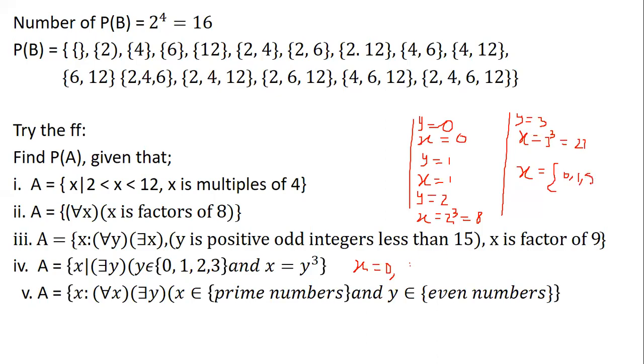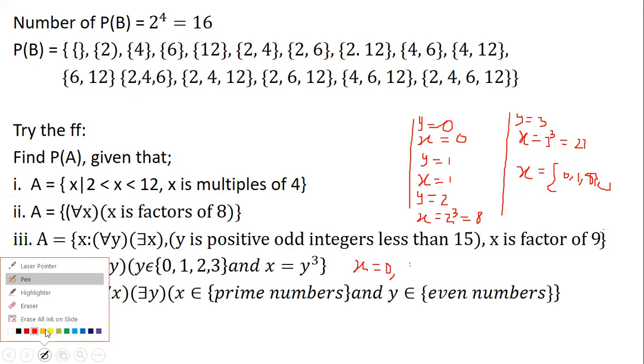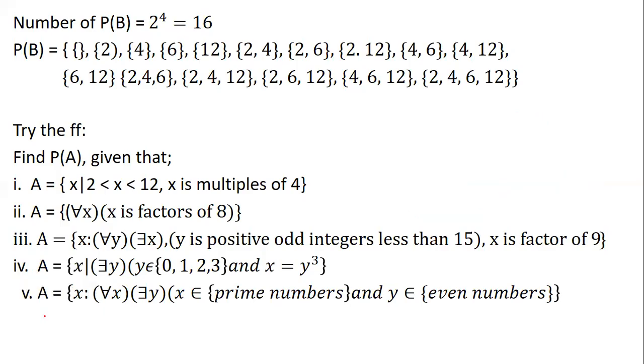Then if you go to the set given, it is saying that for X there exists Y. Then we have Y as the set of 0, 1, 2, 3.